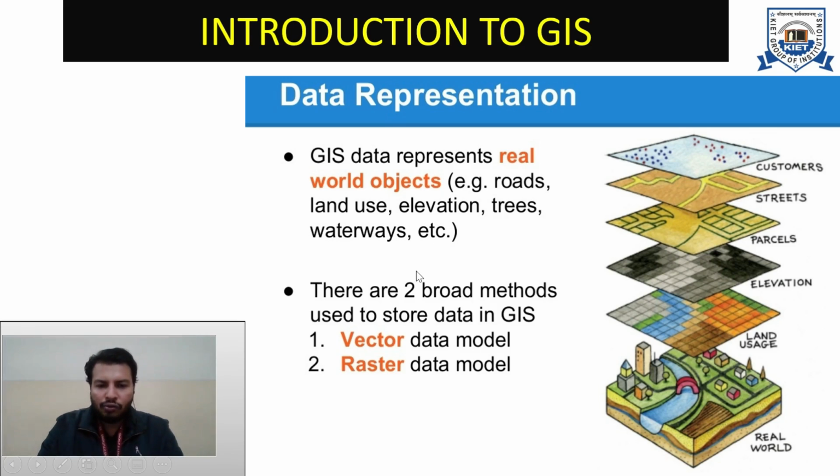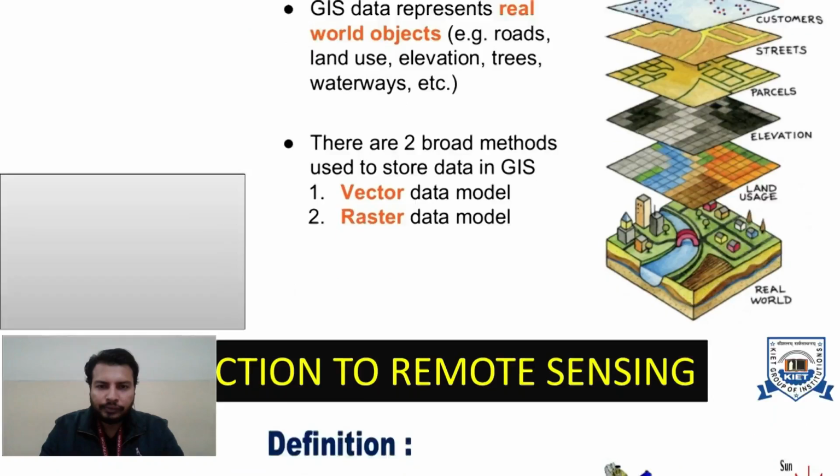If we want to show the data, we have two broad methods of representing data in GIS: the vector data model approach and the raster data model approach. We will discuss these approaches and data forms in detail in Unit 5, which is wholly dependent upon GIS.